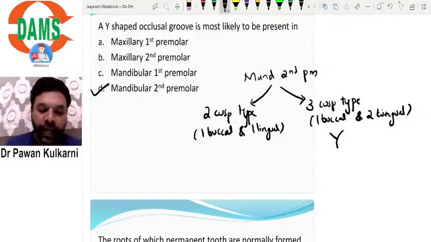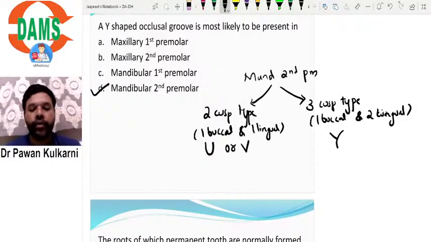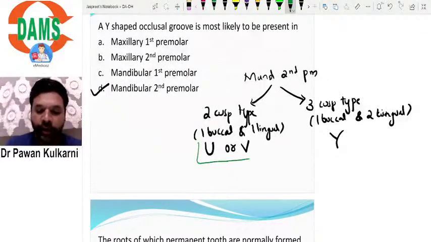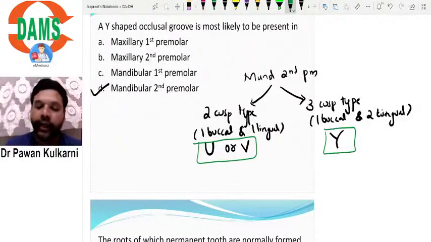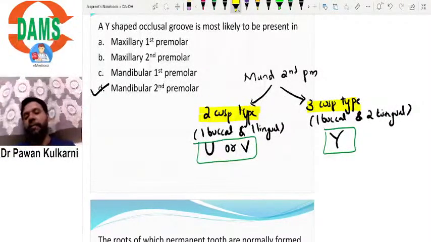In the case of the 2 cusp type, it will be either U or V. So we are supposed to remember this groove pattern. This groove pattern is very important. Where do you see U or V? Where do you see the Y groove pattern? It all depends upon whether it is a 3 cusp type or a 2 cusp type. So this is a peculiarity of the mandibular second premolar.